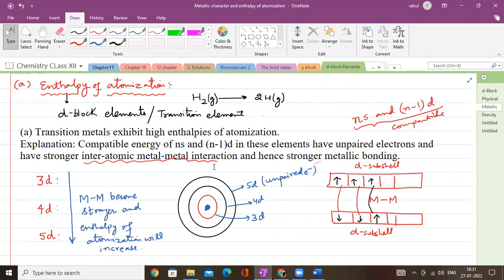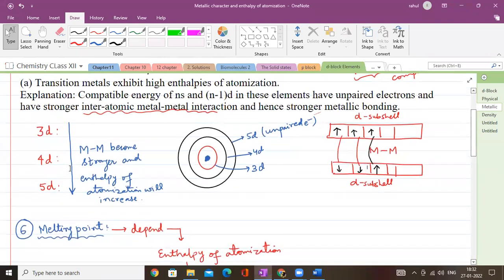Now the question is, what will happen if I go from 3d to 4d, 4d to 5d series? See, this is the 3d series, this is the 4d series, this is the 5d series, this is the nucleus. As you go away from the nucleus, what will happen?